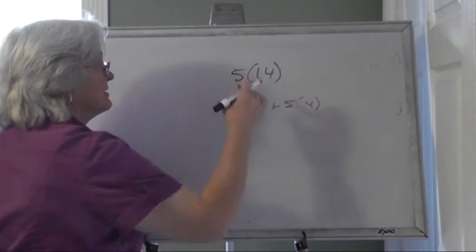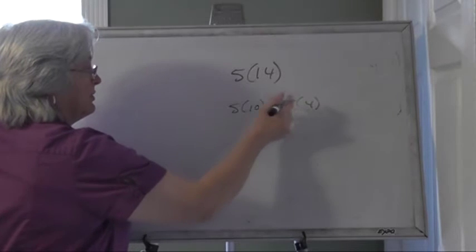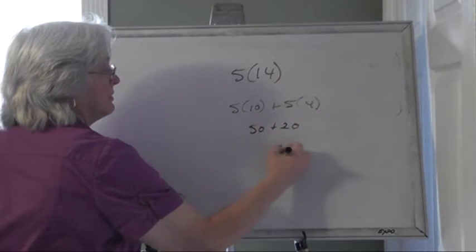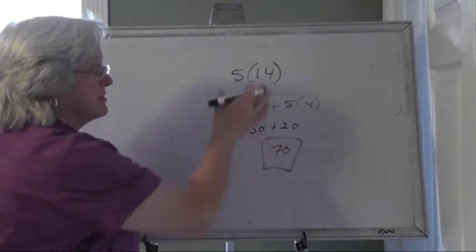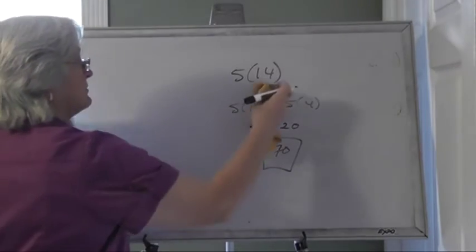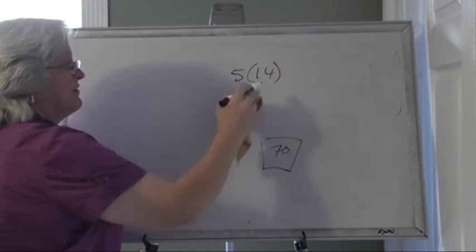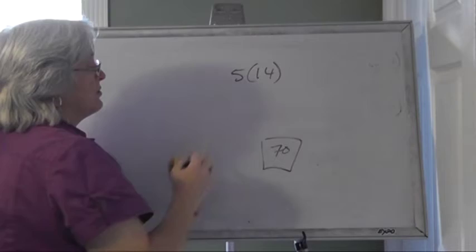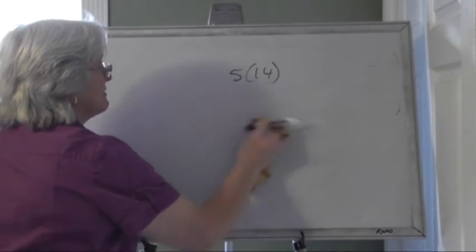They're using place value. You have 5 tens and 4 units. 50 plus 20, you end up with 70. What they're saying is use the distributive property to compute mentally. So you're saying, oh, I have 5 tens is 50, I have 5 fours is 20, and 50 and 20 is 70.